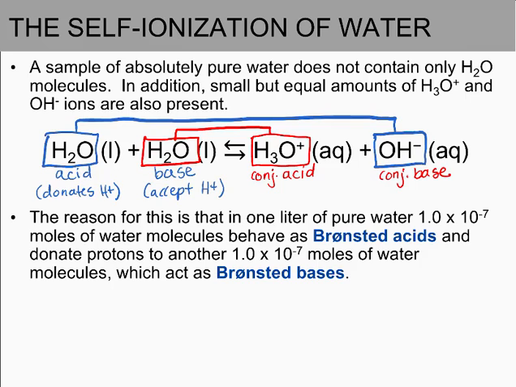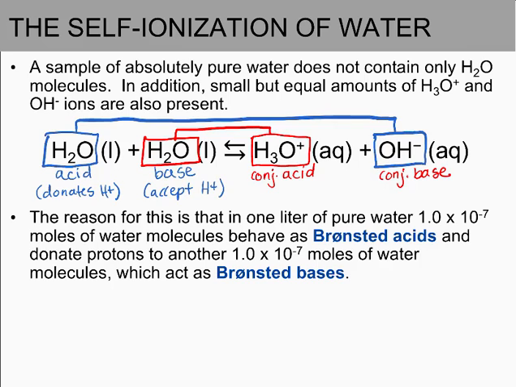So what's interesting here is that a very specific amount of hydronium ions and hydroxide ions are produced. So if we have 1 liter of pure water, 1 times 10 to the negative 7th moles of water molecules will behave as Bronsted acids and donate protons to another 1 times 10 to the negative 7th moles of water molecules, which act as Bronsted bases.